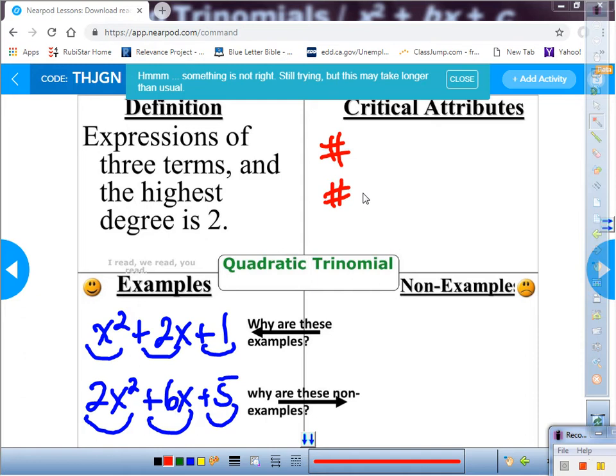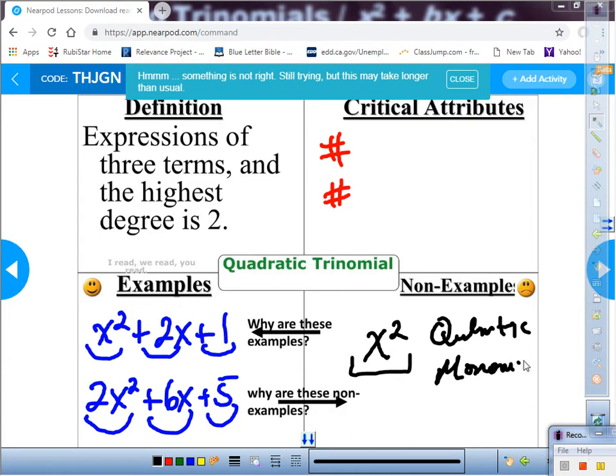Okay, non-example. Let's see. Reagan, what would be your non-example? X to the second. And if you agree, that's not a quadratic trinomial. Okay? Tell your neighbor the name of this one, please. Who said quadratic monomial?